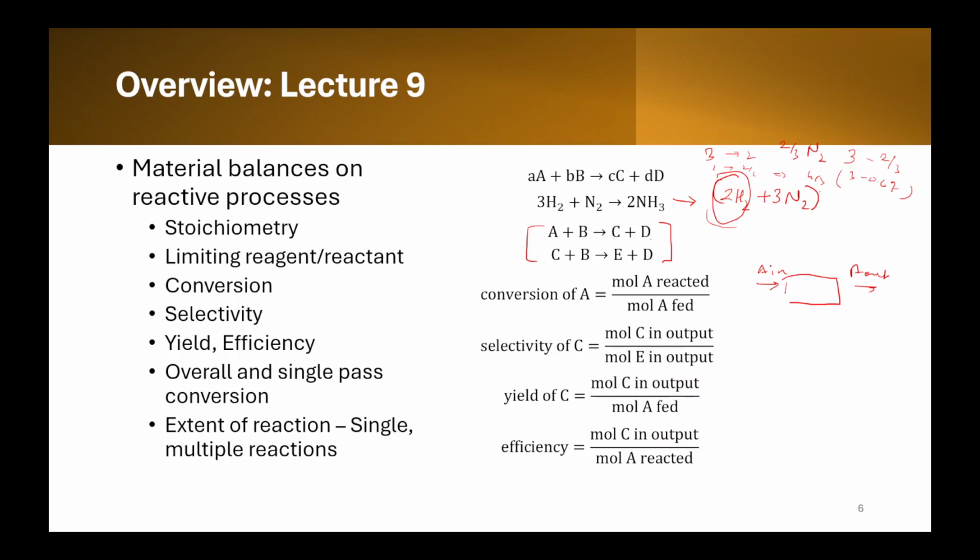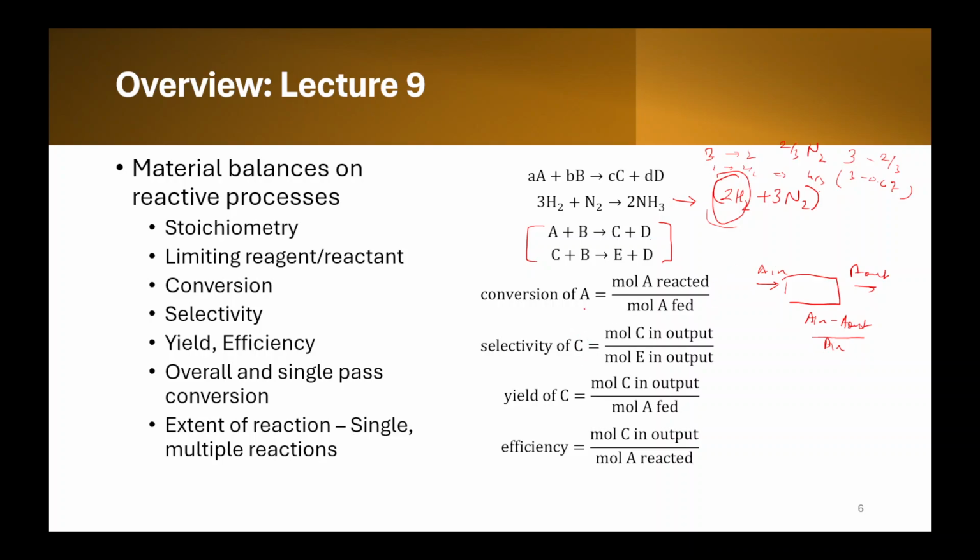So this is moles of A coming in and moles of A coming out, and in this system, the reaction of A is occurring. So moles of A reacted will be A in minus A out, correct? Because that's how much of A is being consumed here. And moles of A fed will be A in. So this is the conversion of A.